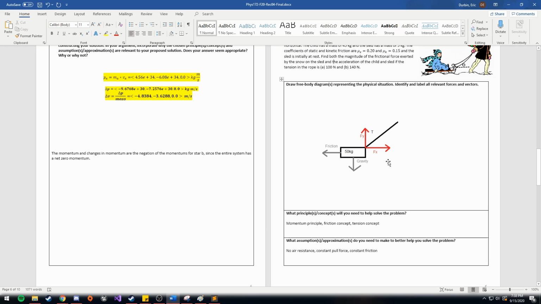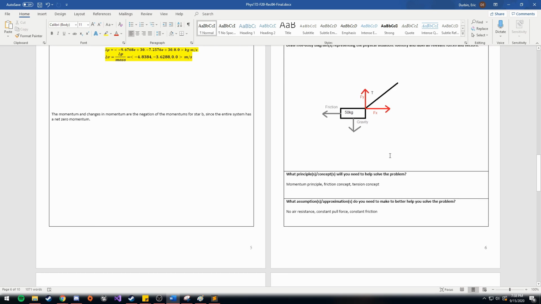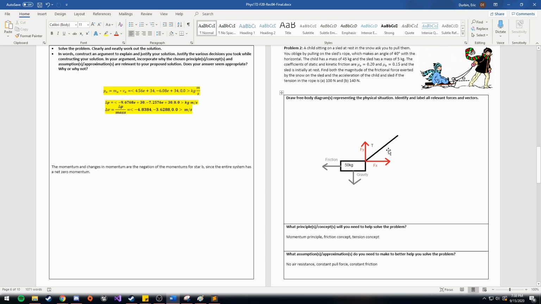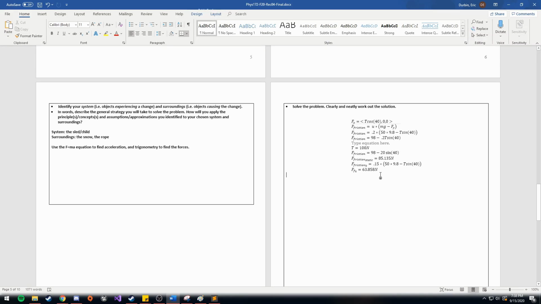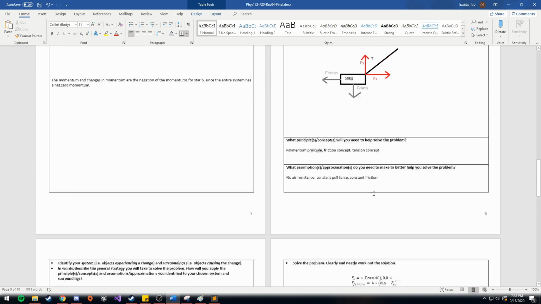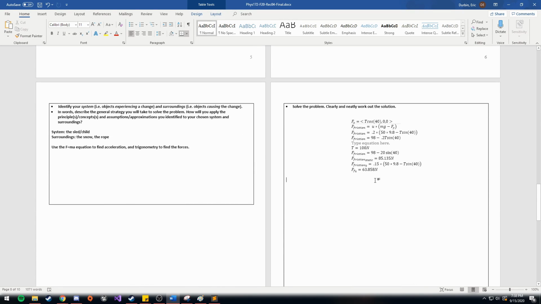I think we might have answered one of the questions: the magnitude of the frictional force exerted by the snow on the sled. And now we have to do the acceleration of the child. So that's one of our answers. Are they talking about static or kinetic? If it's kinetic, then we have the 63 or whatever. I'm pretty confident. Yeah, kinetic.